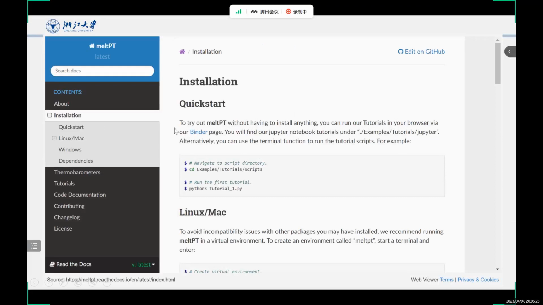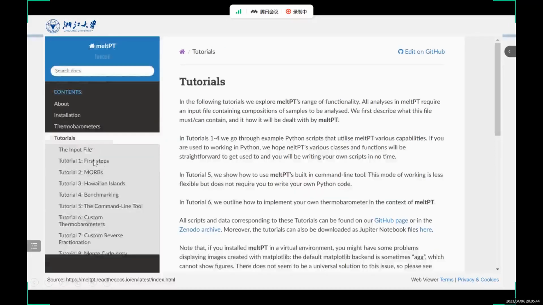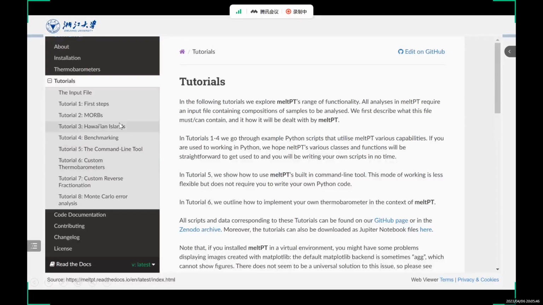They introduce the package functions on this website, including the installation, how their thermobarometers can be used, and some case studies in this paper. They show the details here.